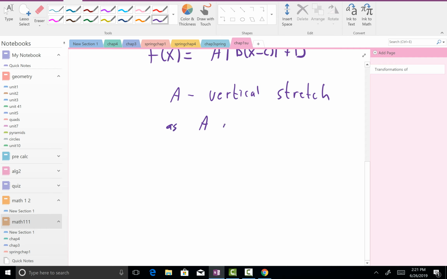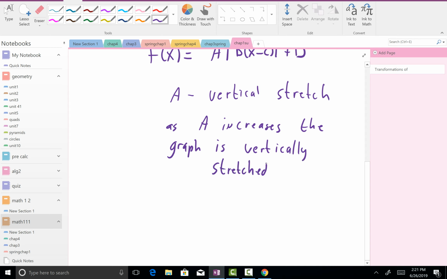As A increases, the graph is vertically stretched. So we stretch that up as A increases.